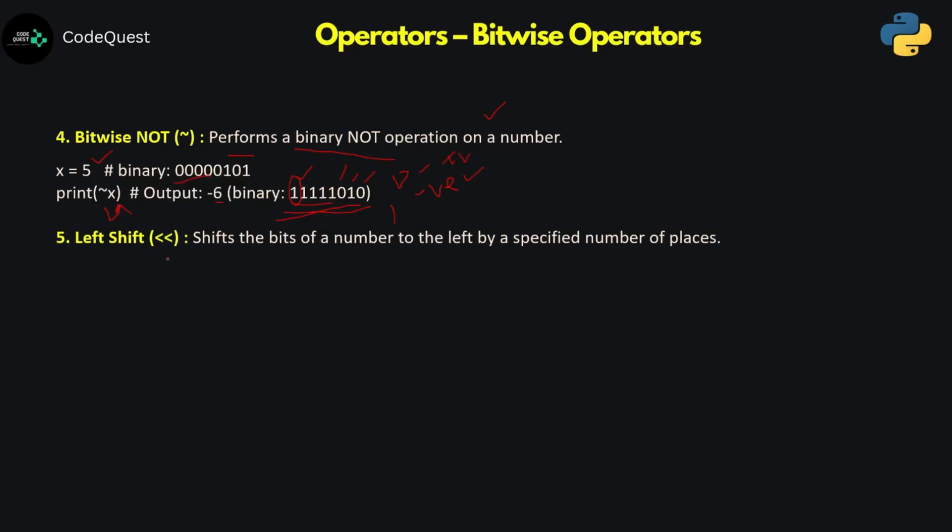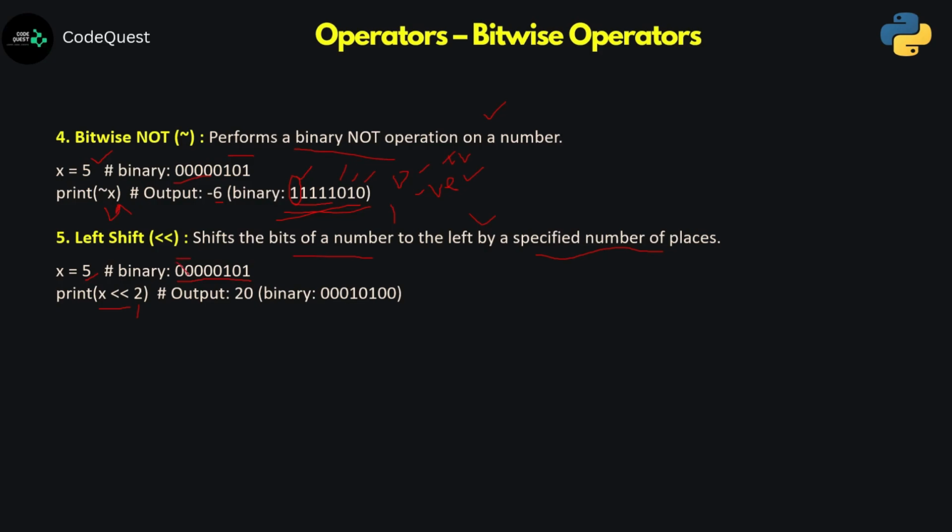Bitwise left shift is the one which is going to shift the specified number of bits to the left, and as many bits have been shifted, that many zeros will be added to the right. Say, for example, we have taken 5, which in 8-bit form is represented as 5 zeros followed by 101. When I'm writing x left shift 2, this 2 indicates that we are going to shift 2 bits from the left of this number.